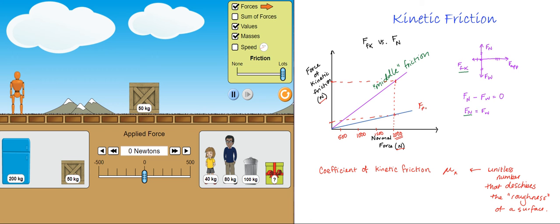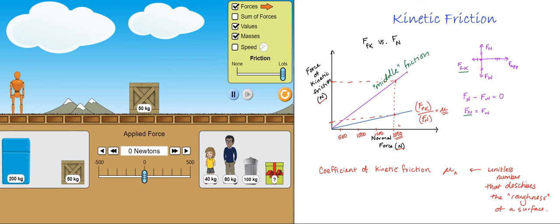So it's telling you the amount of kinetic frictional force that you have per amount of contact force, and that gives you the mu value. But it describes the roughness of the surface because for the same normal force, you will end up having more friction if your surface is rougher. So the bigger the number, the bigger the slope, the bigger the number of mu, which is the same thing here, the rougher the surface is.